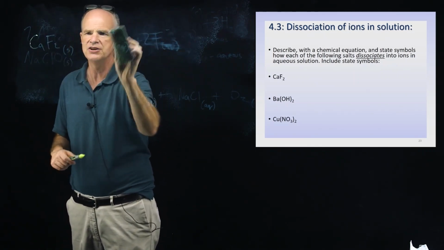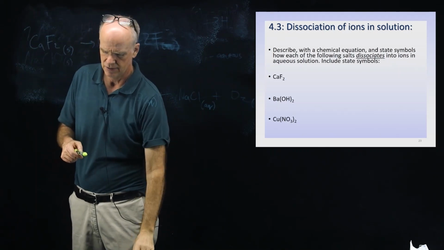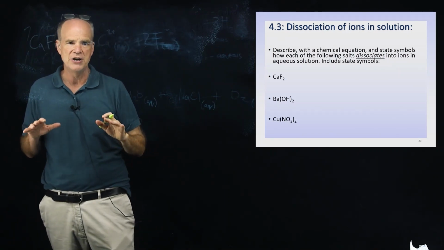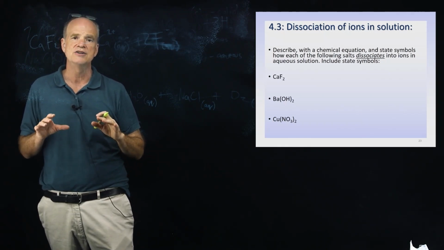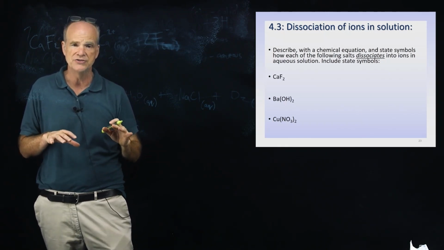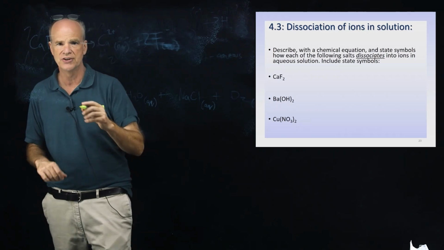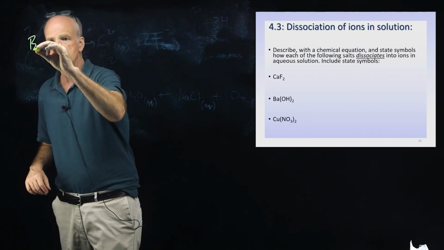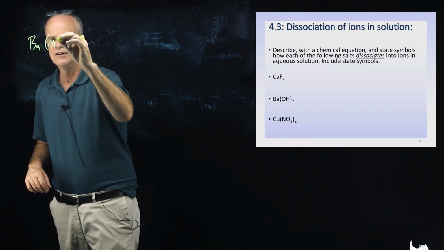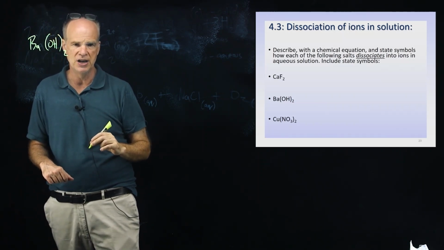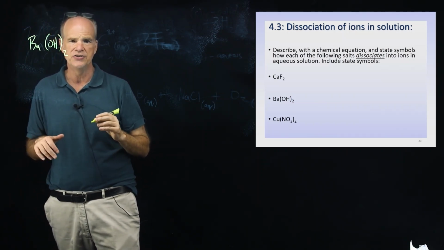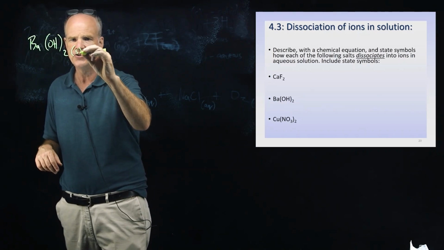Let's move on to the next one. How about barium hydroxide? If you had barium hydroxide salt and you were to dissolve that in the water, can you write a chemical equation that describes its dissociation? Let's go ahead and do that. So you have barium hydroxide, and we have to include a state symbol in the dissociation equation. If it is a salt, it is a solid, so we will put (s) here.